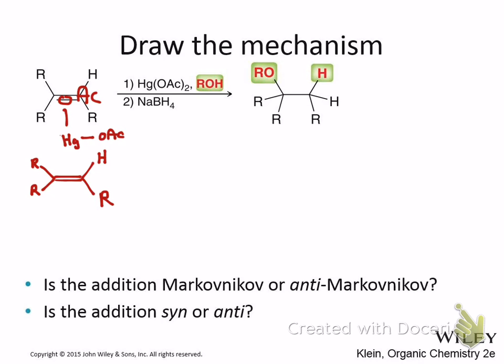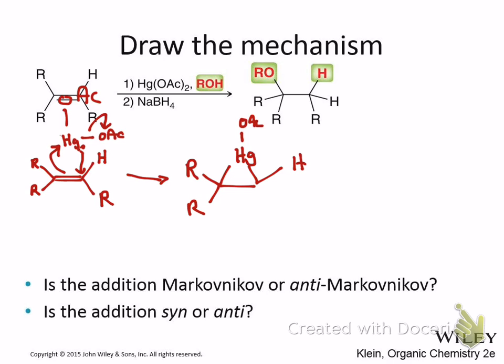The way the book does it is they have one of the OACs leave and then leaves the positively charged mercury. But it goes like this. The electrons from the mercury, and then this leaves. Then from here on out, what I do and what the book does is exactly the same. And this is one of those cyclic intermediates. It is essentially Markovnikov addition.